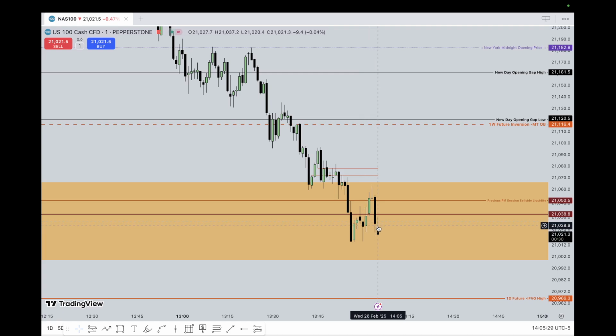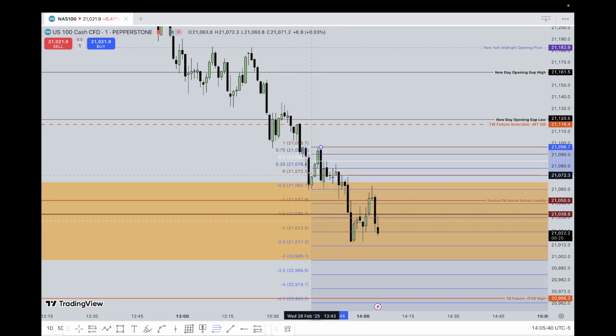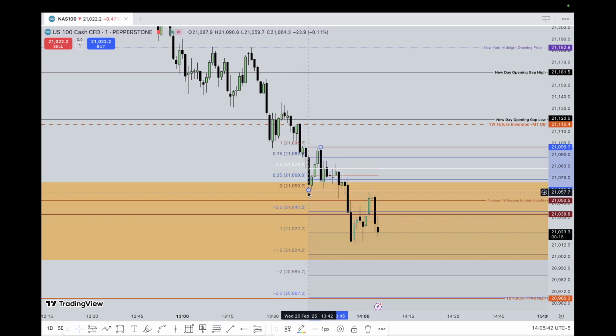But this is a beautiful sign of weakness, the market opening below the mid threshold of this. Okay, deviating this range. If we're looking at this -1, I would want to see a closure below it now.